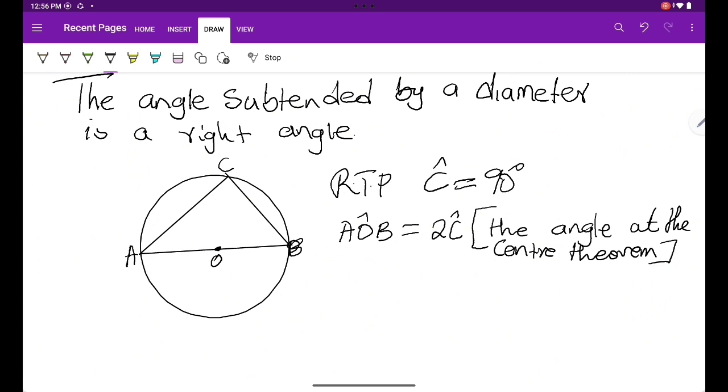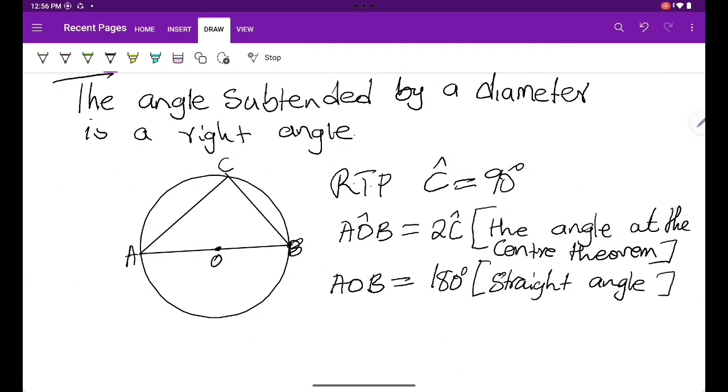But then AOB is 180 degrees because this is a straight line, or we can even say it's a straight angle. So these are angles on a straight line.